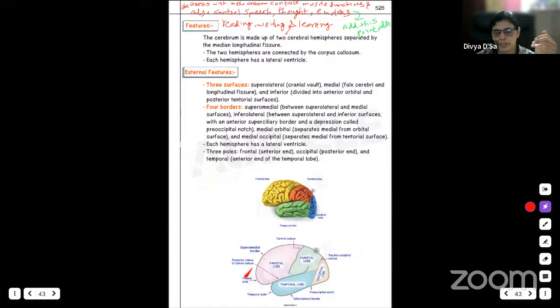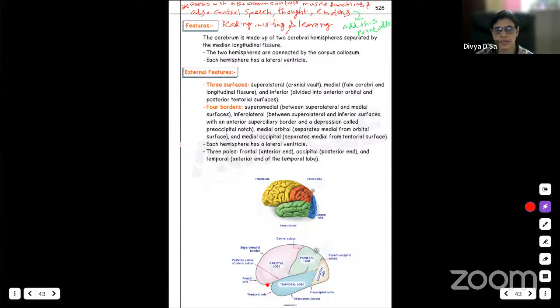It has four borders. Along this line, it is the superomedial border. Then there is the inferolateral border, and an anterior superciliary border, which will be in the front when we see it from the base.